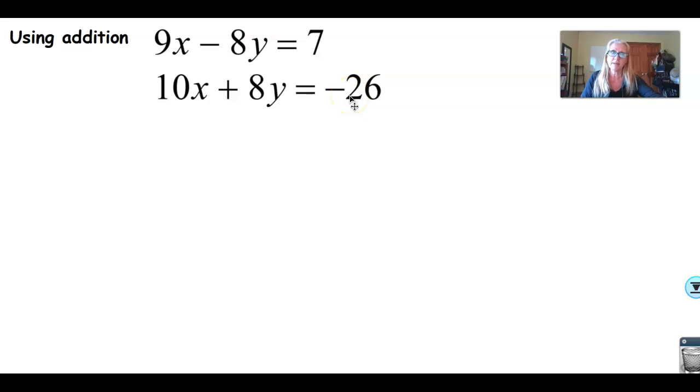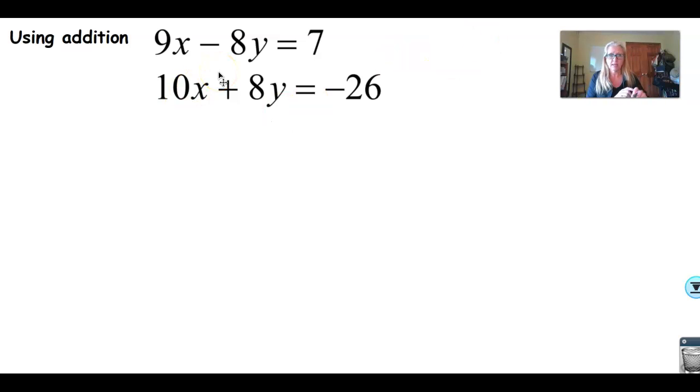If those weren't lined up, we'd have to move them around. Okay. When we look at a problem like this, we know this is an opportunity for us to eliminate using addition because there are two terms that are exact opposites of each other. -8 and +8 are opposite, which means that if we add these two equations together, the y's are going to drop out.